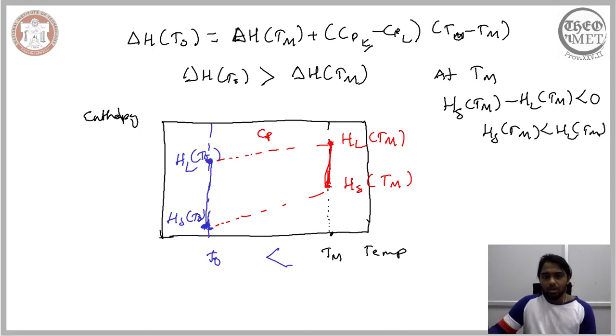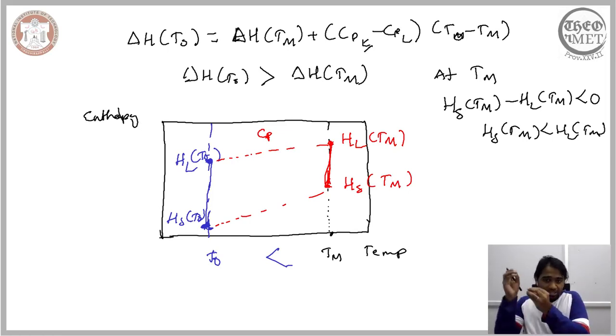So this is how the graphical representation of all the insights we have gained looks like. If it is the difference in the enthalpy that brings about the phase change, or the driving force of the phase change can be discussed in terms of the difference in the enthalpy, and the system wants to get to the lower enthalpy, then we observe that at lower temperature the solidification is governed by a greater driving force when compared to the higher temperature.